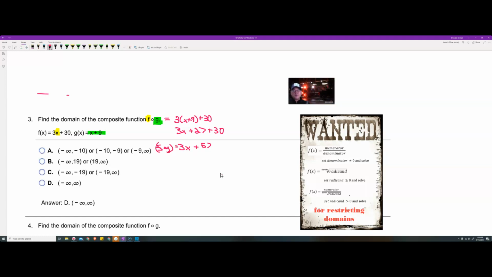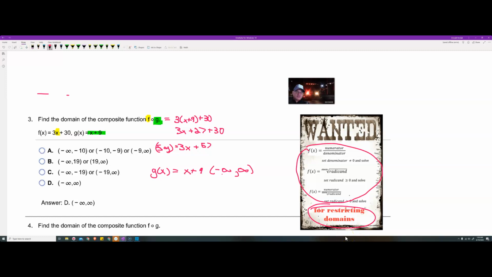Now to find the domain, you look at the domain of the inner function. The domain of x plus 9 is all real numbers because none of these things occur. So there's no restrictions.